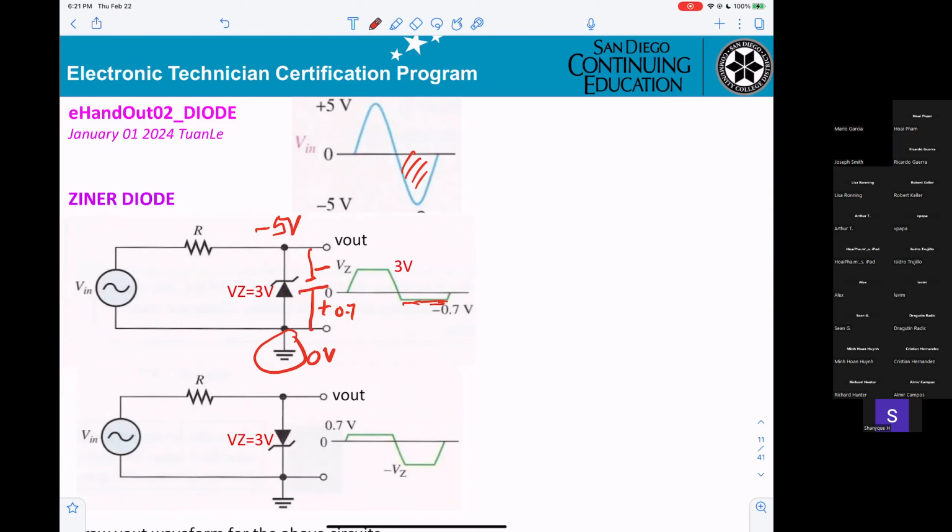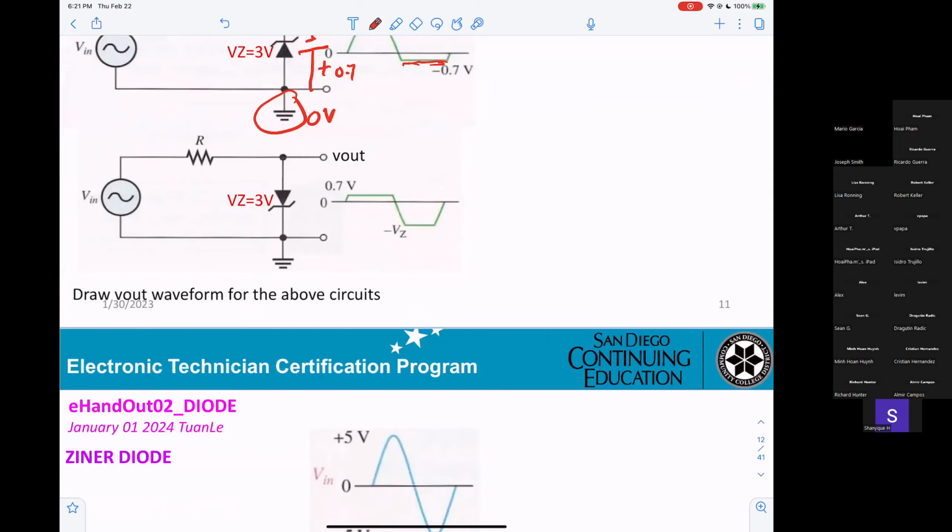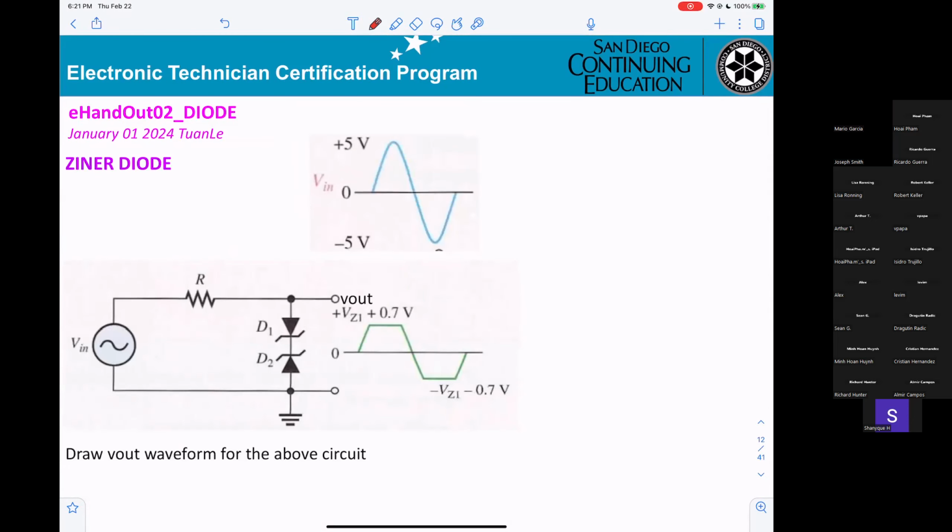Okay. And another one, they change the Zener diode different way. Answer will be the same. Okay. And in here, they get two Zeners. Okay.